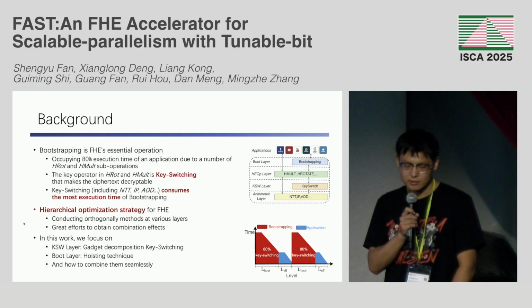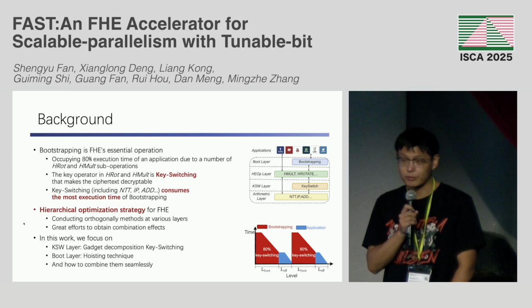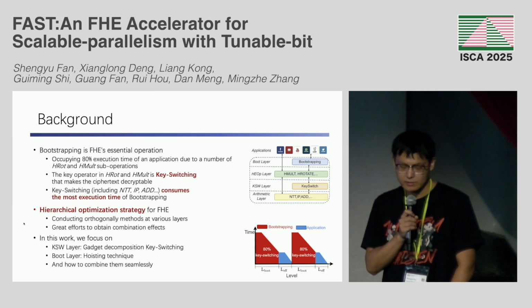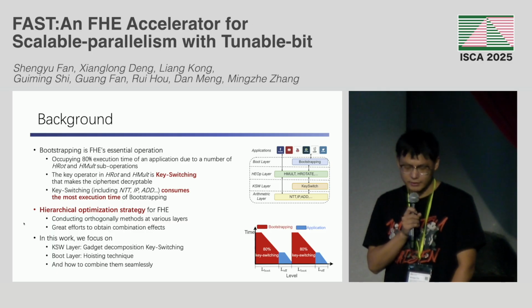As a result, the key switching operation dominates both multiplication and rotation, making it the crucial piece for improving the performance of FHE applications. Next, I will briefly introduce two widely used and efficient key switching optimizations, the KRSS algorithm and the hoisting method.